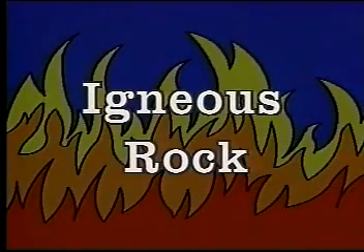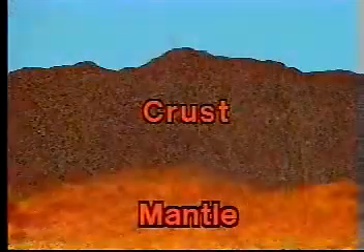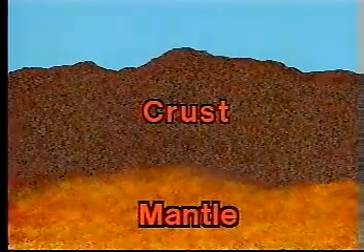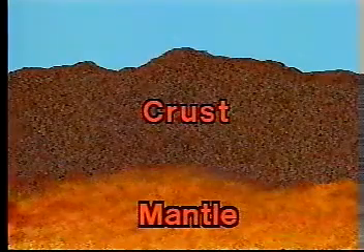The first classification of rock is called igneous, which means fire-formed. Deep below the Earth's crust, temperatures can get extremely hot. The molten material, or magma, which exists below the crust, is literally liquid rock.